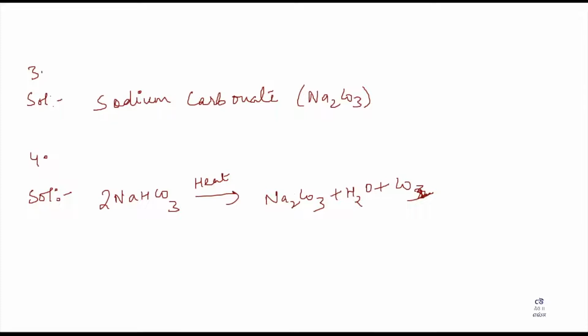So this was about question number 4, and now we have the last question of this chapter, that is the in-text question, and soon after this we'll be starting off with the exercise questions. So students, the fifth question here says, write an equation to show the reaction of plaster of Paris with water.